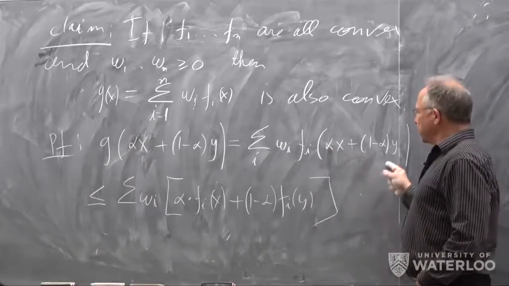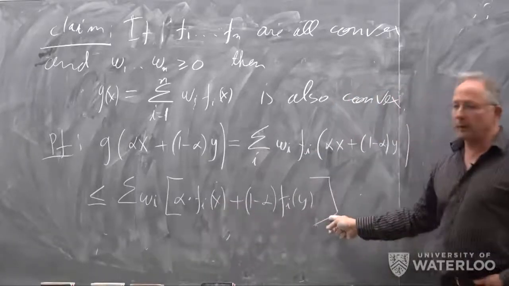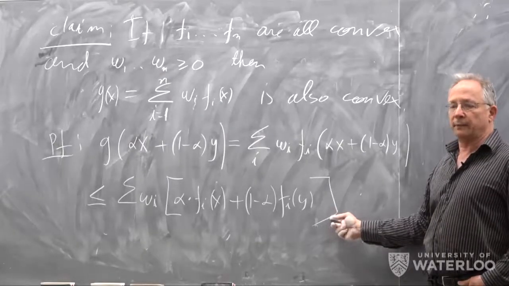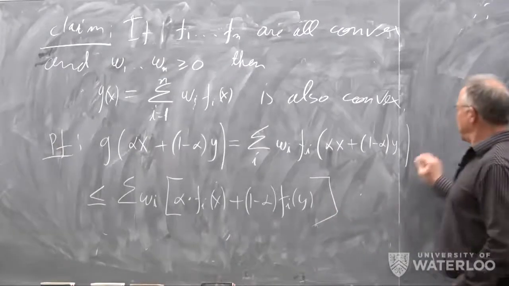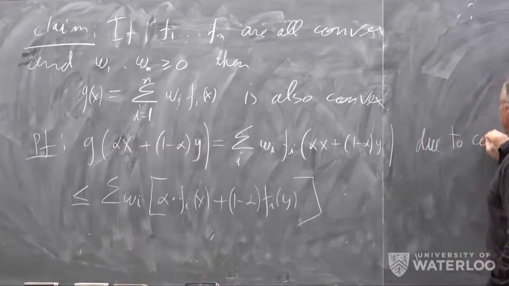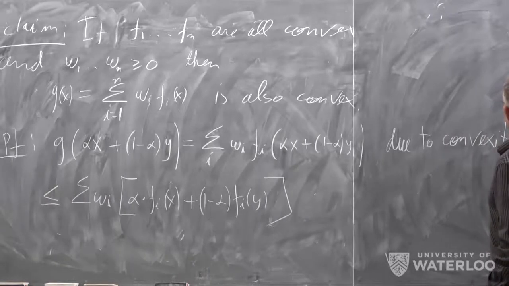So for every function, the fi that I have here is below this combination of fi of x and fi of y. So here I just used convexity of the fi's.